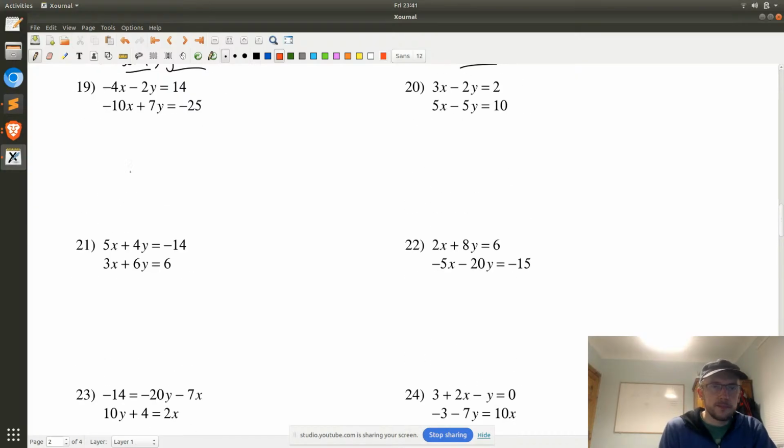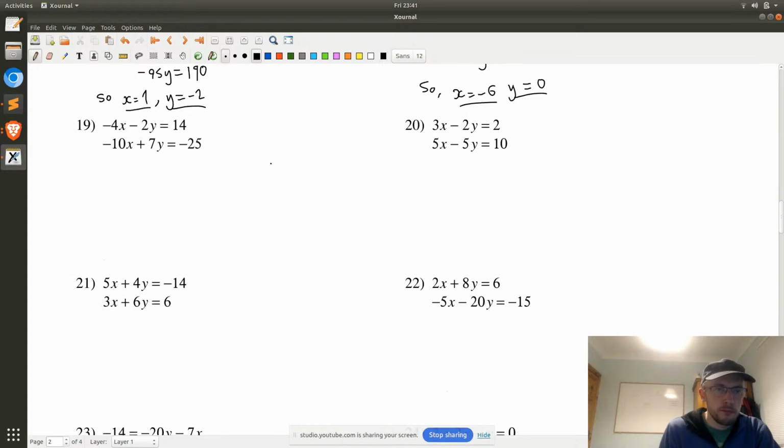Last 6. Just do it. Okay. Top by 10. Bottom by 4.